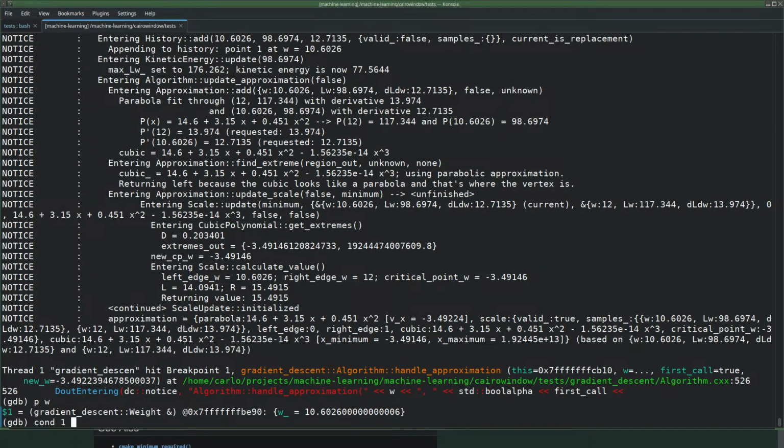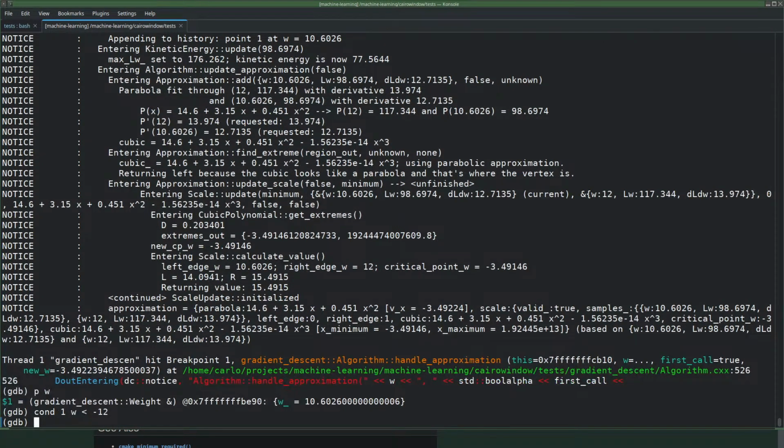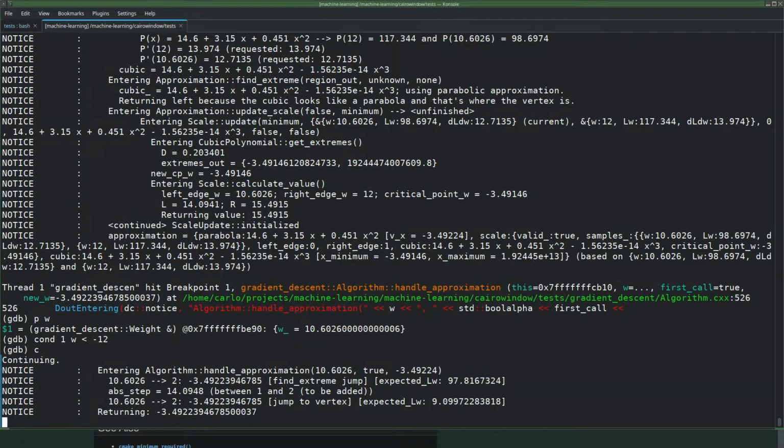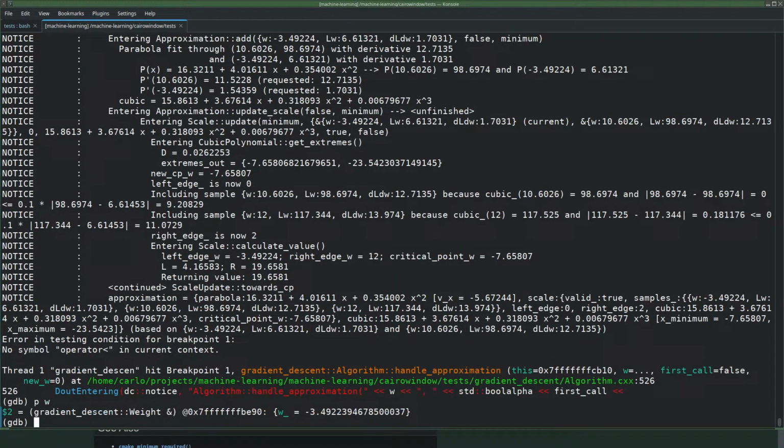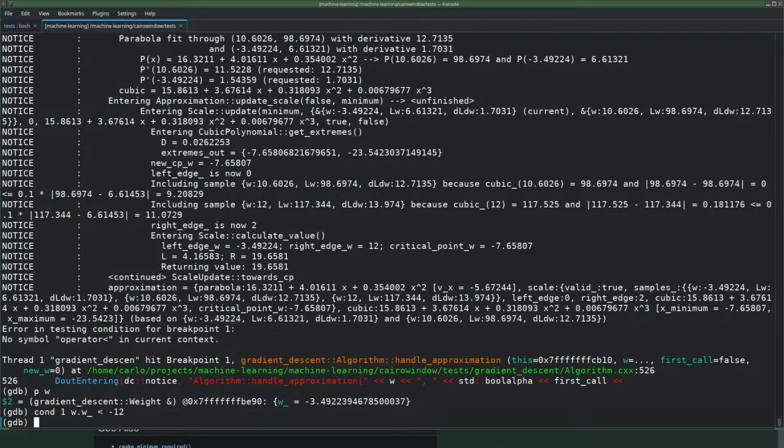Condition 1, W is less than minus 12. Is that less than minus 12? W underscore.